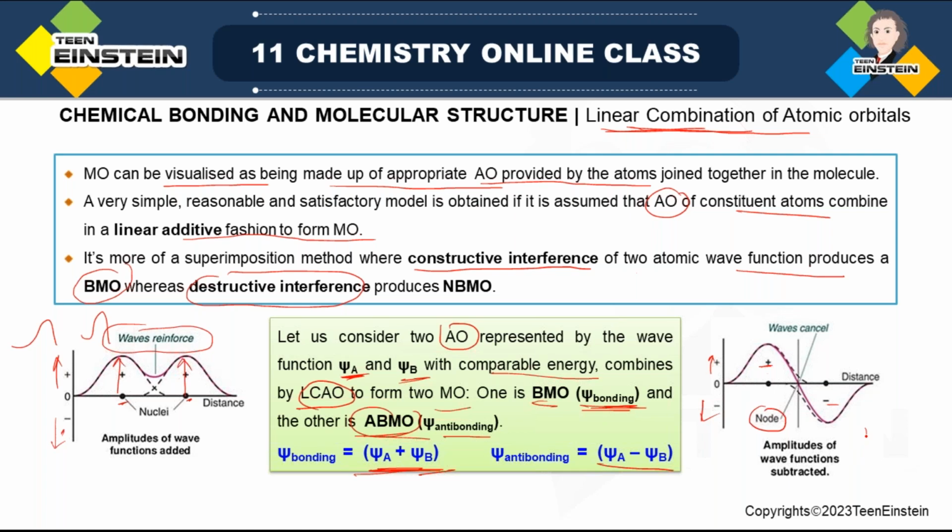In this case, the amplitudes of the wave functions are cancelling each other. This is towards the positive side, this is towards the negative side, and they are opposite to each other. So they will generate psi antibonding. Fine. Though there is higher mathematics involved, for this level, this much discussion is enough.